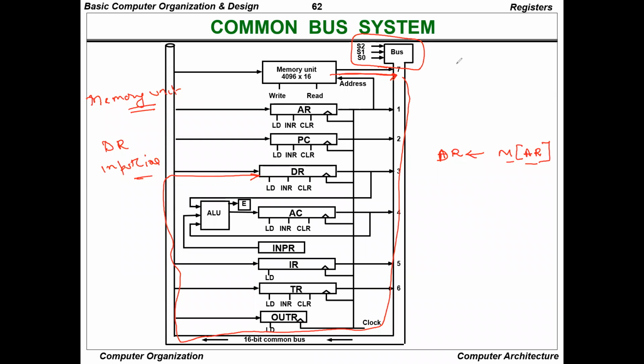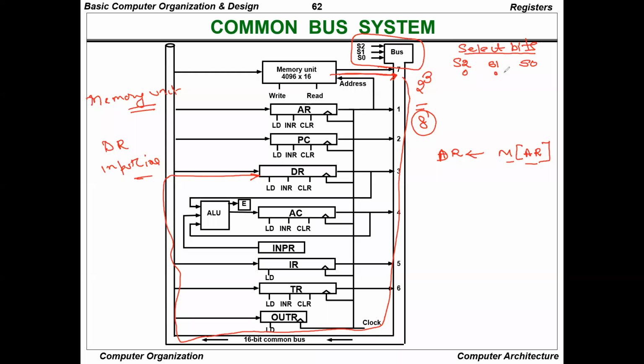It has three types of lines. One is called S2, S1, and S0. These are called select bits. Please focus and note these down. These are called the select bits. It can have how many possible values? क्योंकि तीन select bits हैं, then the number of possible values it can have is 8.